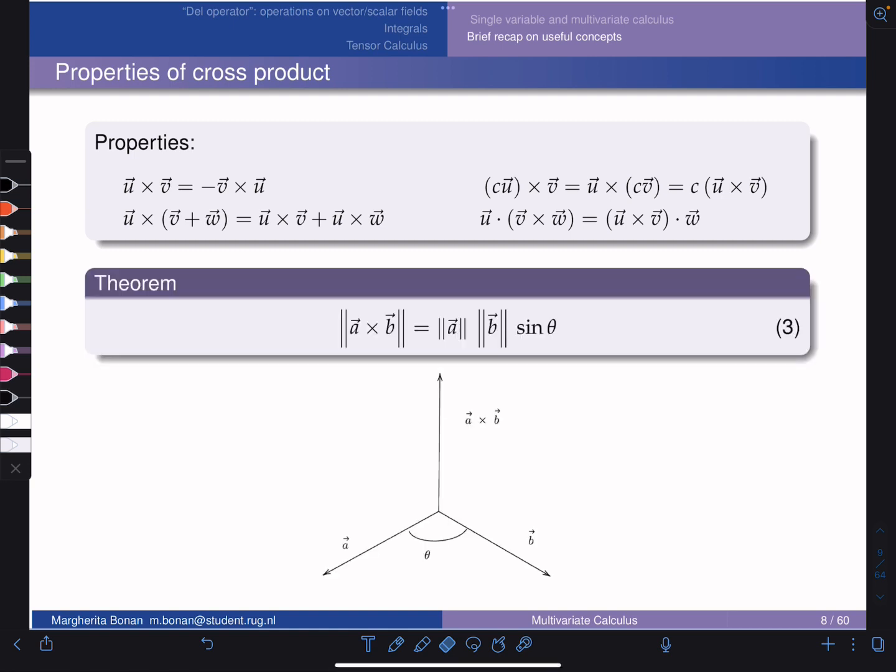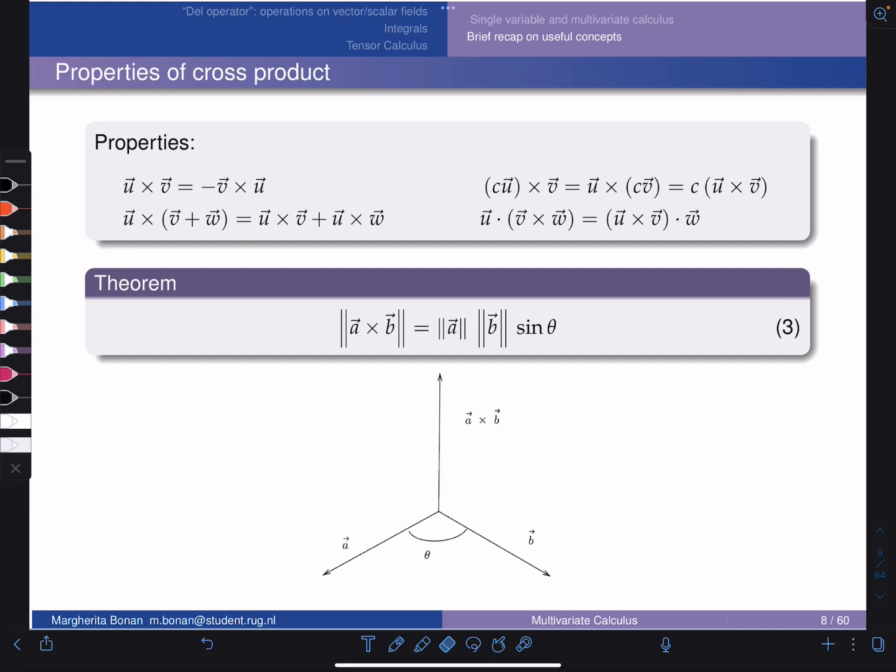Additionally, there's also a theorem for the cross product that is a geometric interpretation for which the magnitude of A cross B is equal to the magnitude of A times the magnitude of B times the sine of the angle in between the two vectors.